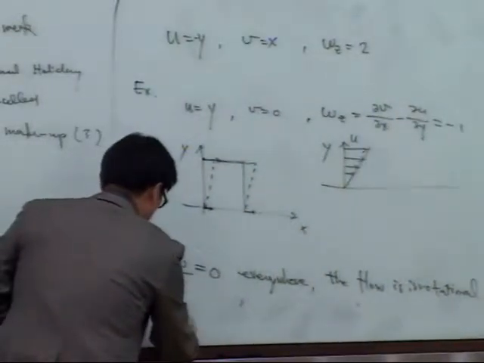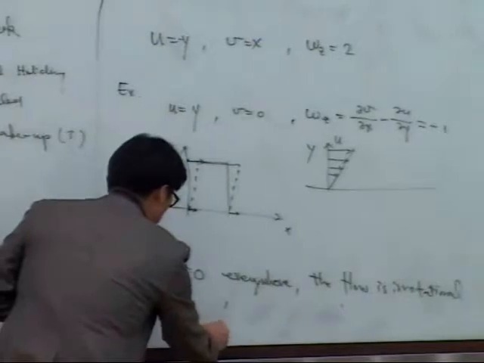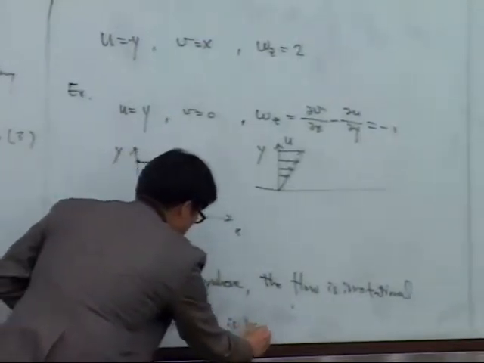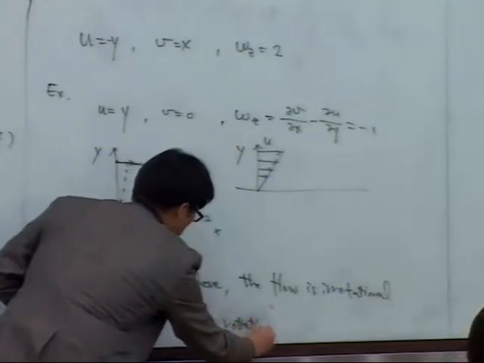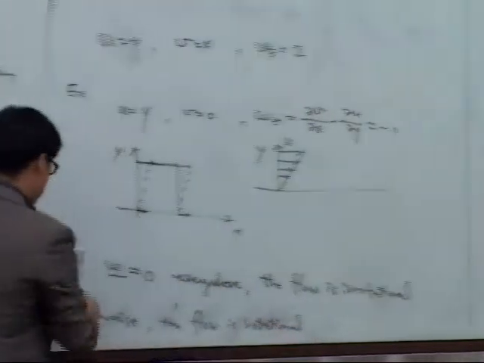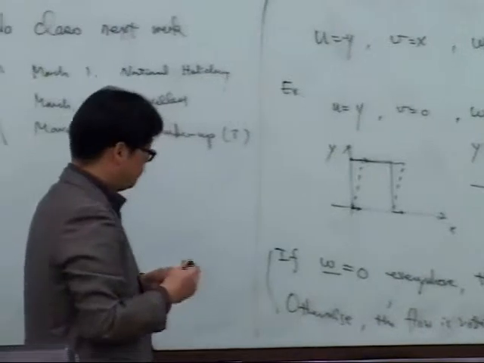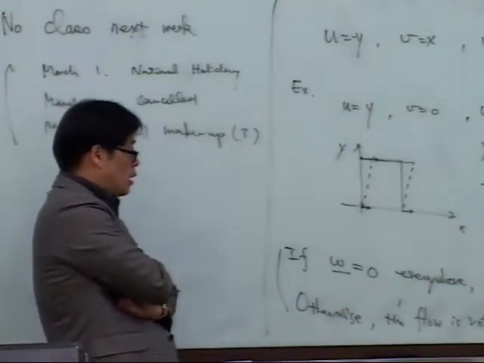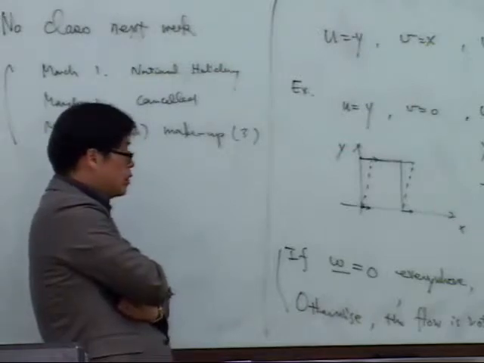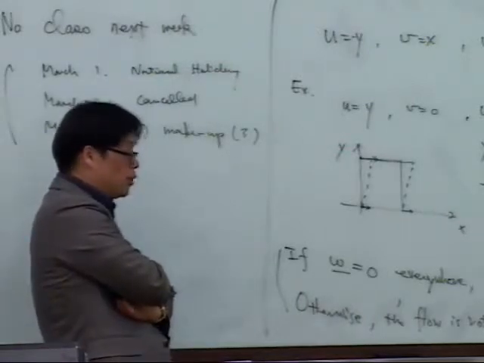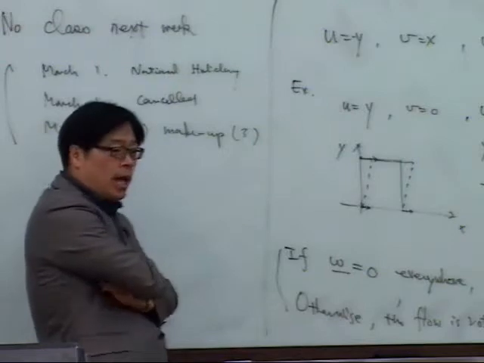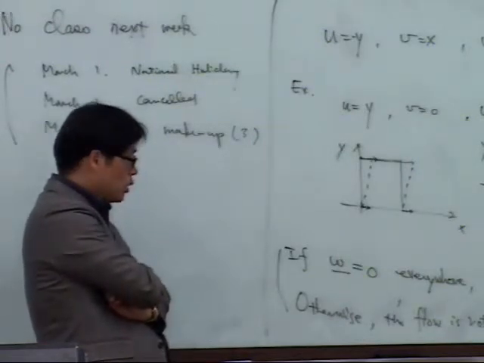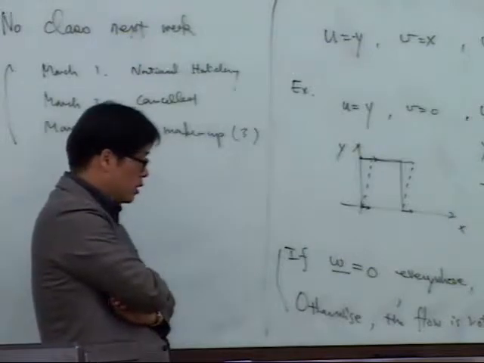Otherwise, the flow is rotational. So for a flow to be irrotational, vorticity has to be 0 everywhere, also all three components.